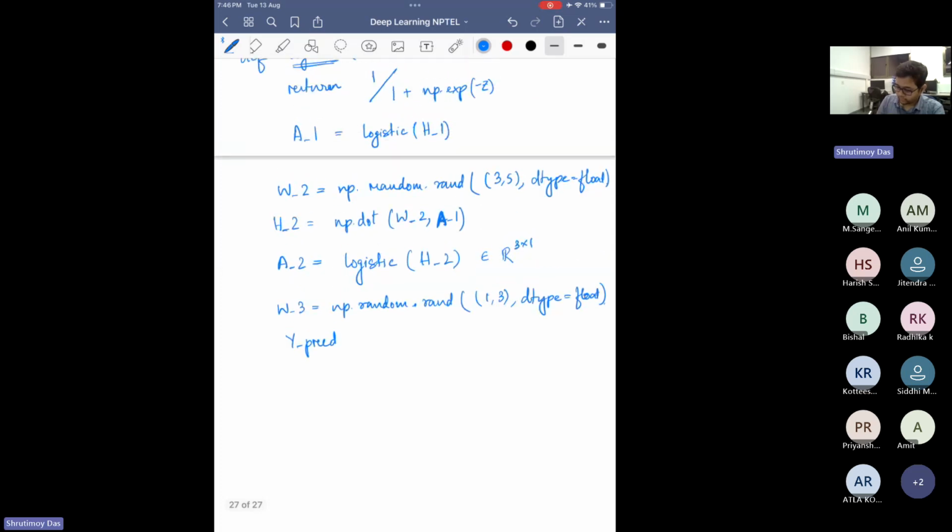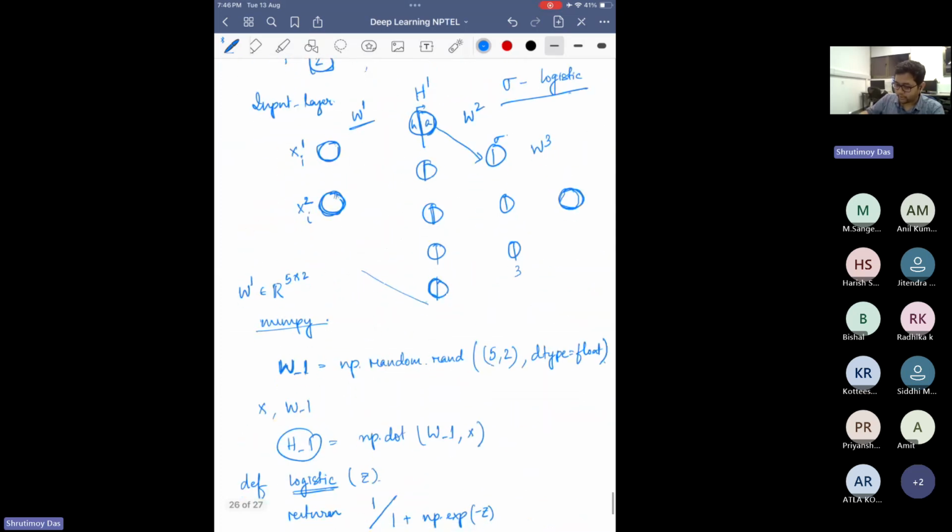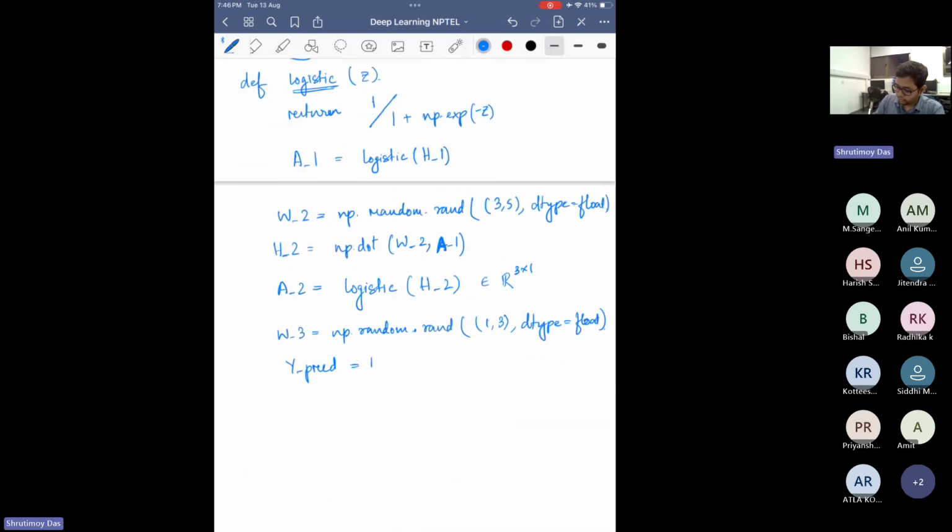Because this is a regression problem, we don't need any activation. You can just multiply with W3. So you do np.dot of W3 with what should I multiply it?